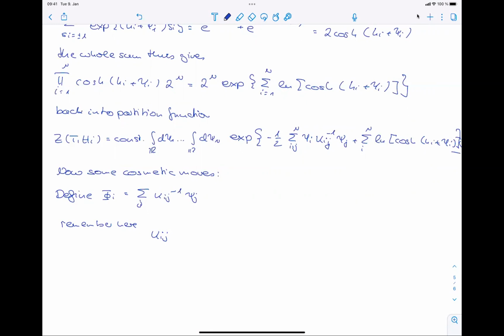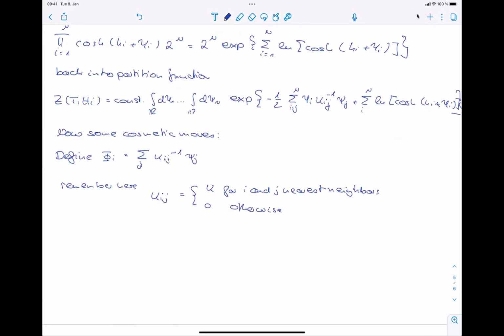So that means that this is equal to K for i and j nearest neighbors, but 0 otherwise.